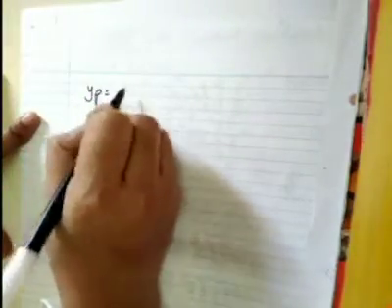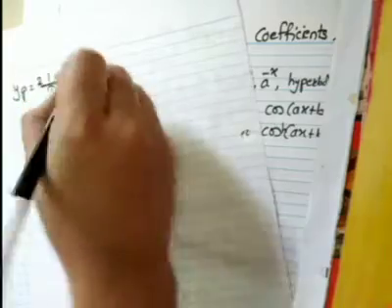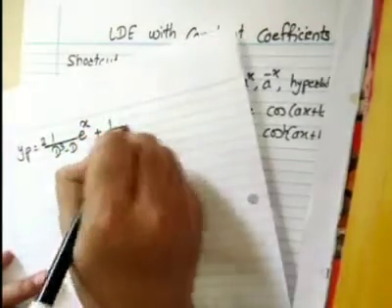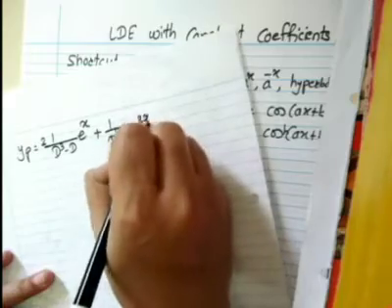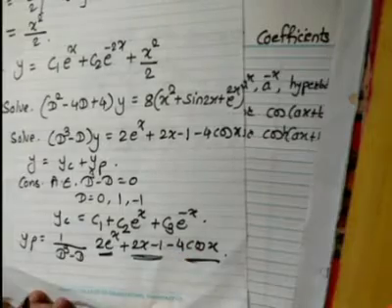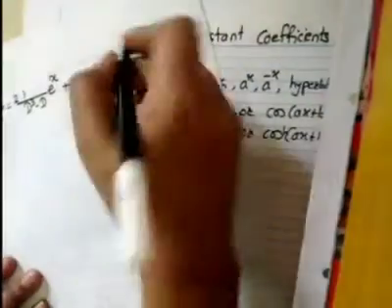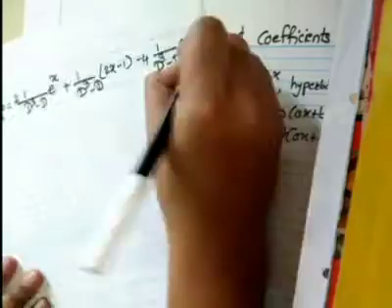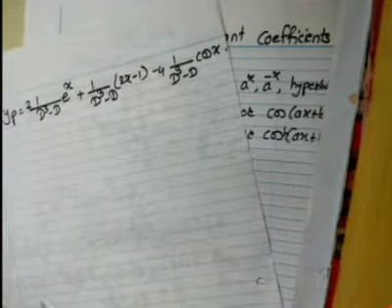That is, we'll write yp is equal to 1 upon D cube minus D, 2 is a constant outside, e raised to x. Secondly, plus 1 upon D cube minus D into 2x minus 1. Next, third is minus 4, a constant, take it out, minus 4 into 1 upon D cube minus D into cos x. Such three parts we need to solve.